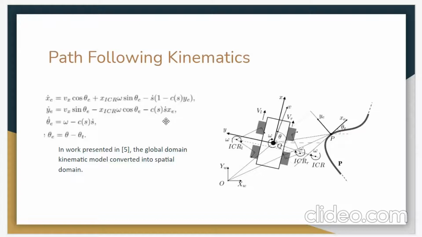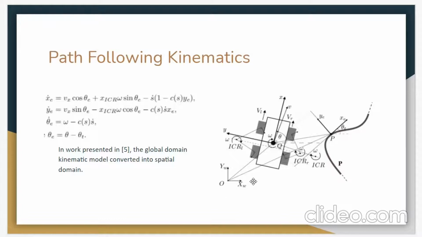parameterized by S, or by arc length. On the diagram, moving frame is denoted by point P, and new axes are denoted by XE and YE.